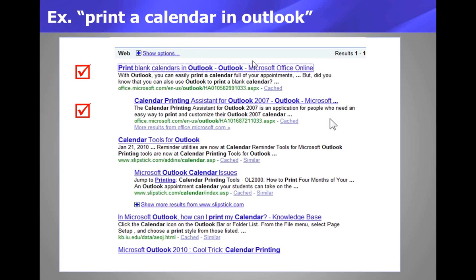So you type in information about your product and see what comes up. And ideally, you want your links to your information to be right up at the top. So this is an area that you would definitely test out, check.